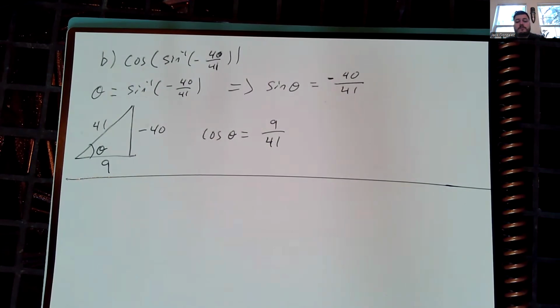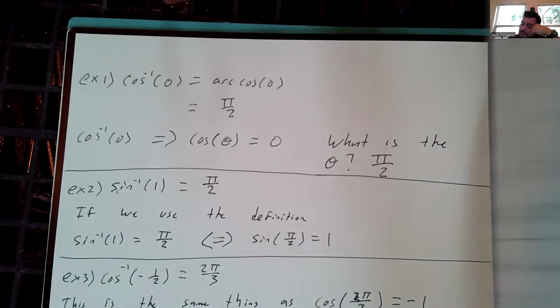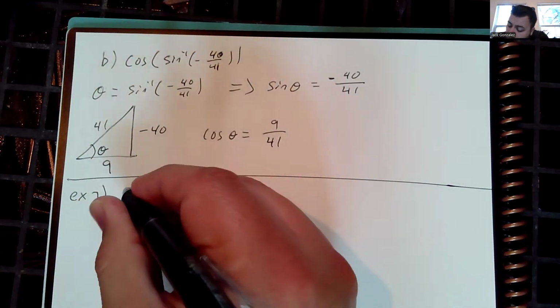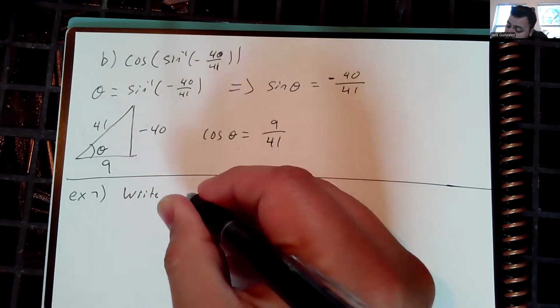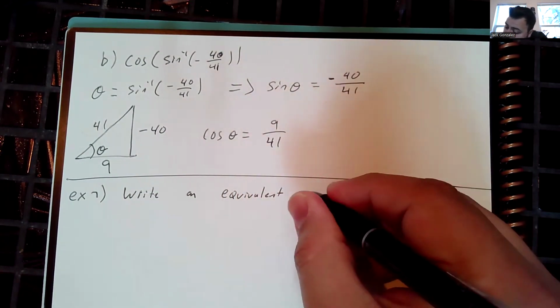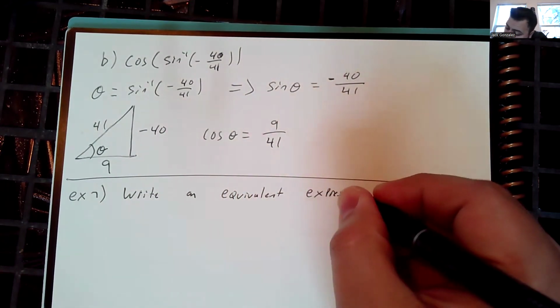Okay, let's go back to this next problem. Example 7: write an equivalent expression for cosine of arcsine of 3x.